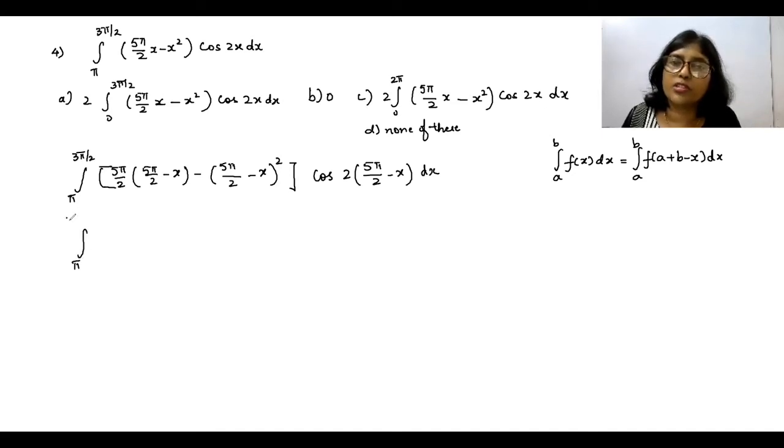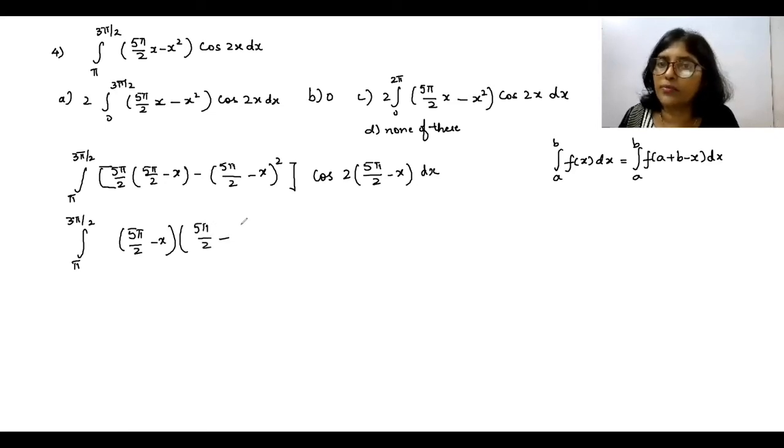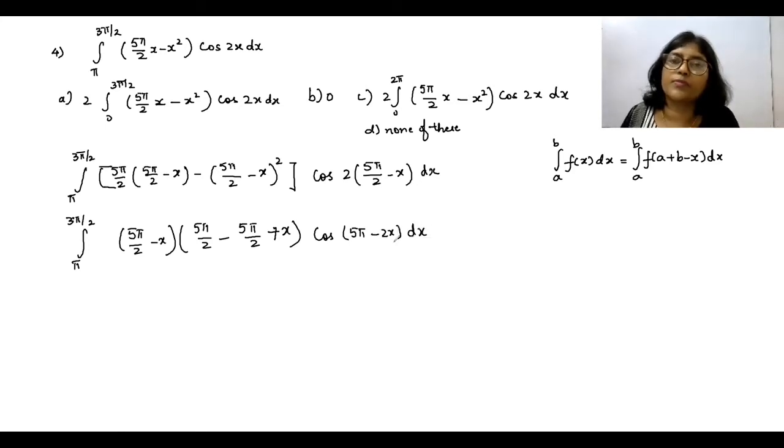From the first bracket, we have 5 pi by 2 minus x common, so I'm going to put that common. What else is left? First term 5 pi by 2 and second term minus of 5 pi by 2 minus x. So it becomes minus of 5 pi by 2 minus minus plus x. And this is cos of 5 pi minus 2x. Okay, so this is integration I. Let's name it here. So this is also I.